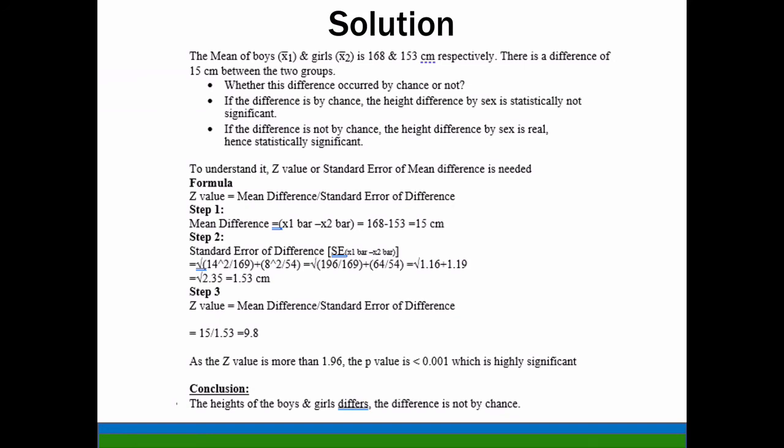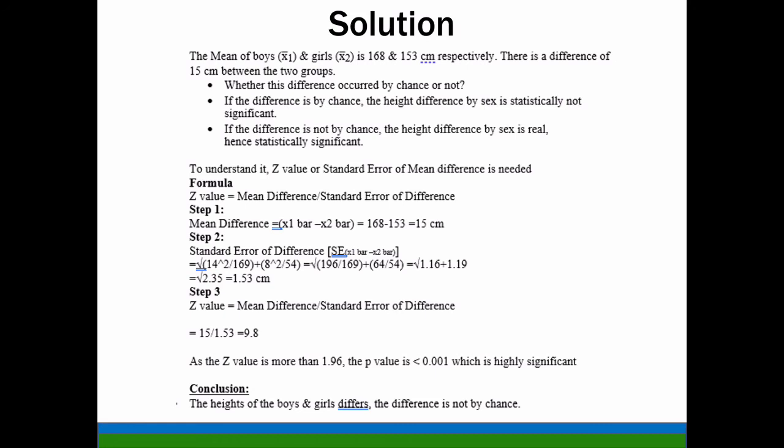So standard error of difference is equal to square root of 14 square by 169 plus 8 square by 54, that is equal to square root of 196 by 169 plus 64 by 54, that is equal to square root of 1.16 plus 1.19, equal to square root of 2.35. This is equal to 1.53 centimeters.